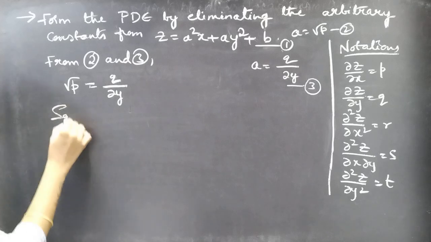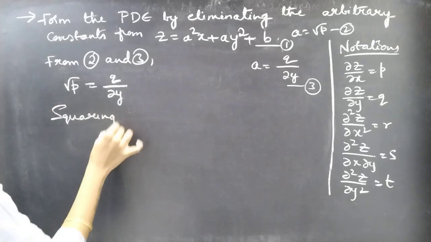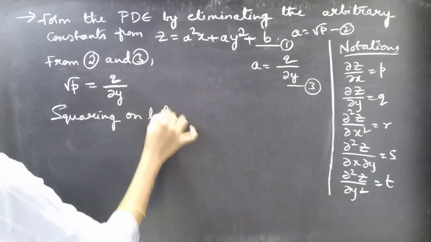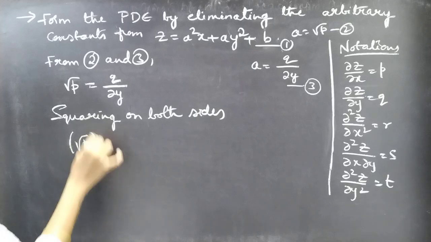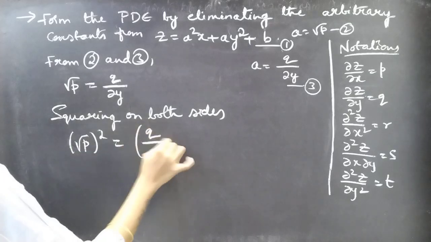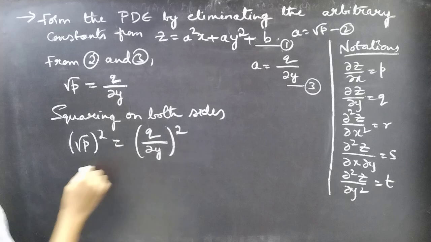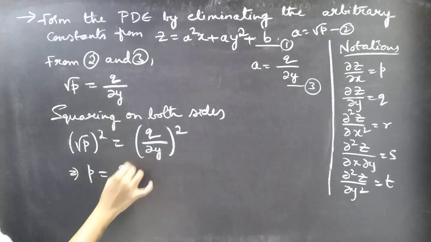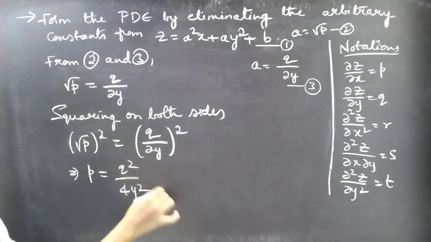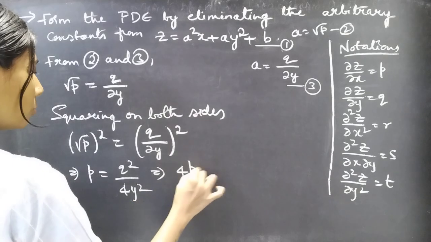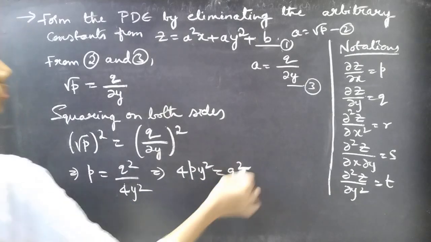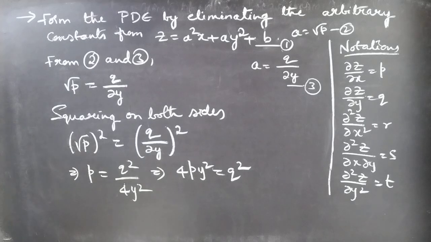Squaring on both sides, which gives us p equal to q squared by 4y squared, right? Now bring this 4y squared to the LHS, you'll get 4p y squared equals q squared. See, it does not involve any arbitrary constants, and this is the required partial differential equation.